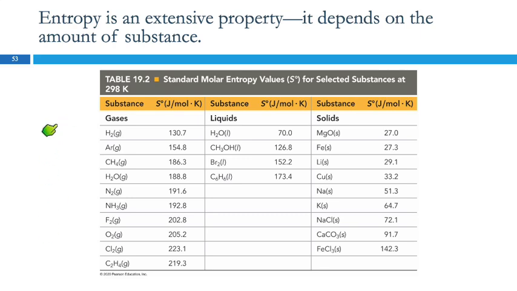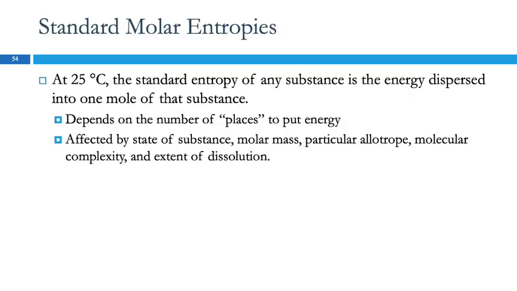And this is an abbreviated table. It's in the chapter. That appendix in the back has an extensive list of delta H's and delta S's. So we see that even the elements in their standard states, none of these have 0 entropy. All those entropies are positive. So at 25 degrees Celsius, the standard entropy of any substance is the energy dispersed into 1 mole of that substance.